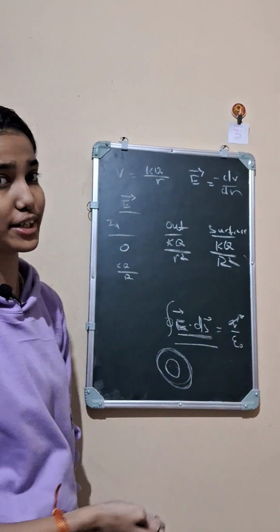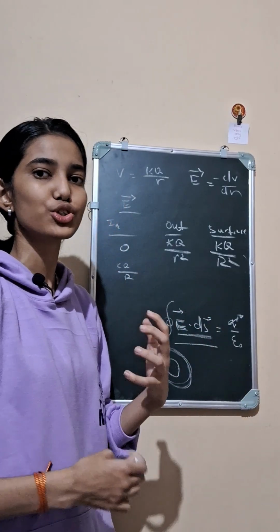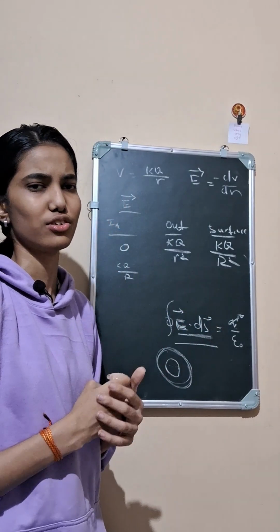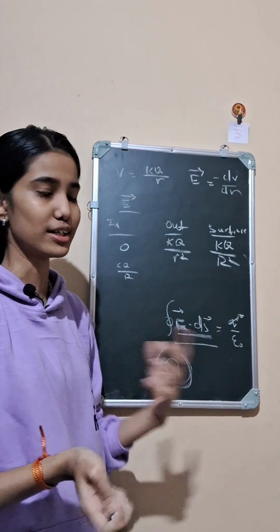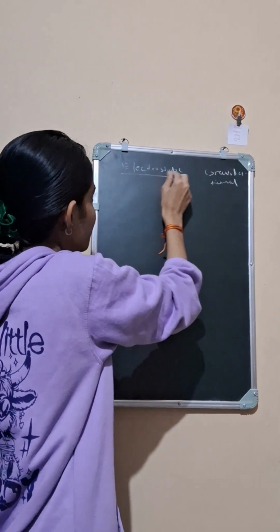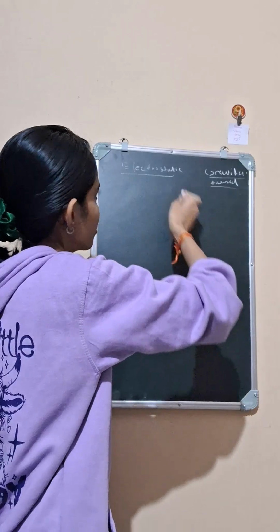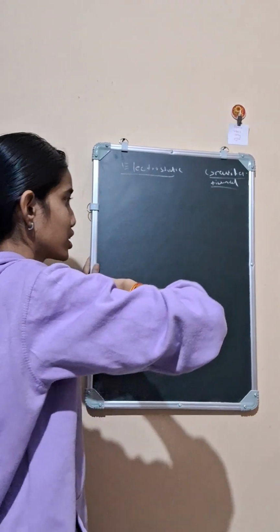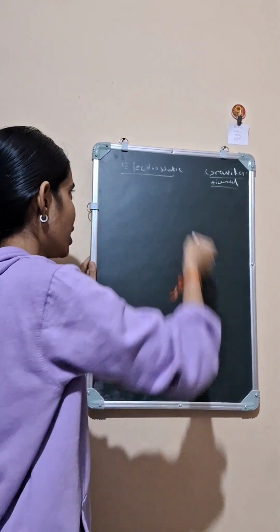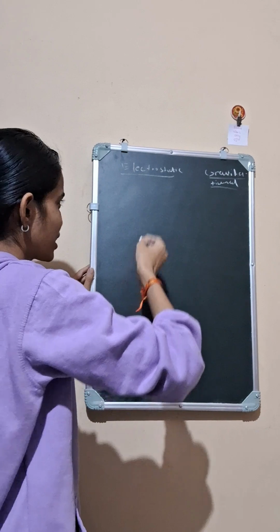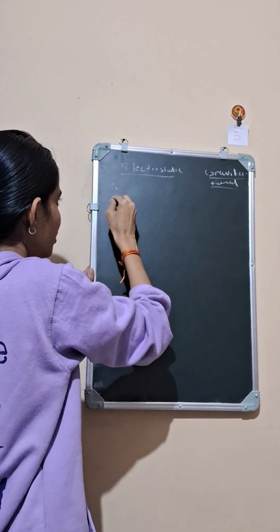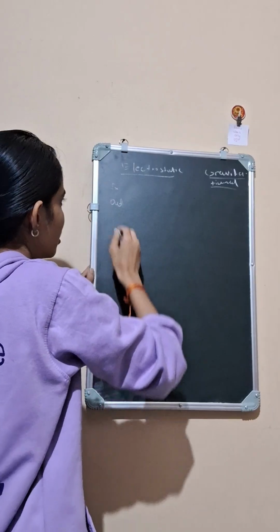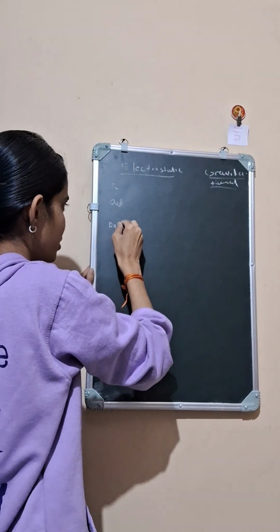I will write it down and show you some graphs, meaning how the potential and field vary at different points. So for gravitational and electrostatic field and potential, I will make a table and show you how the graph will look inside, outside, and on the surface of the sphere, right?